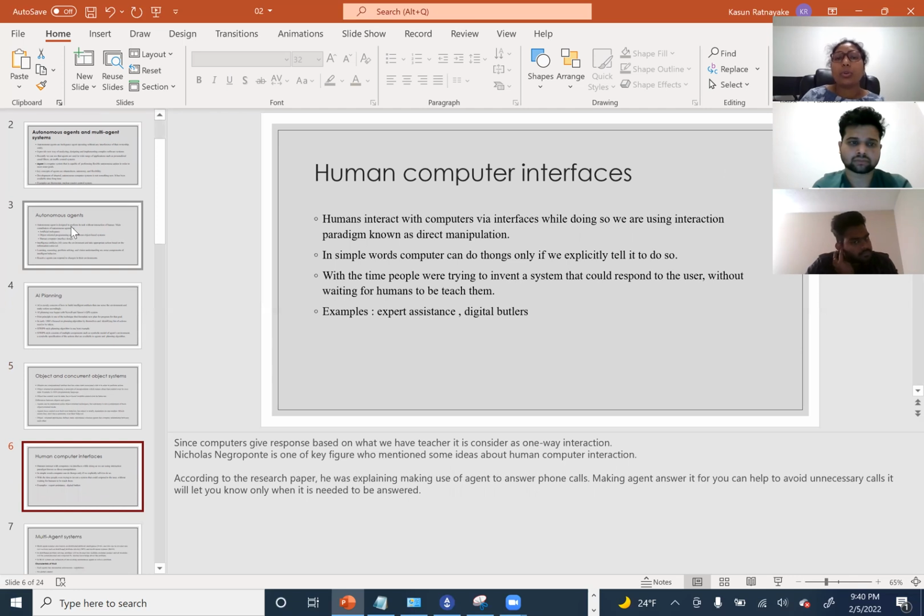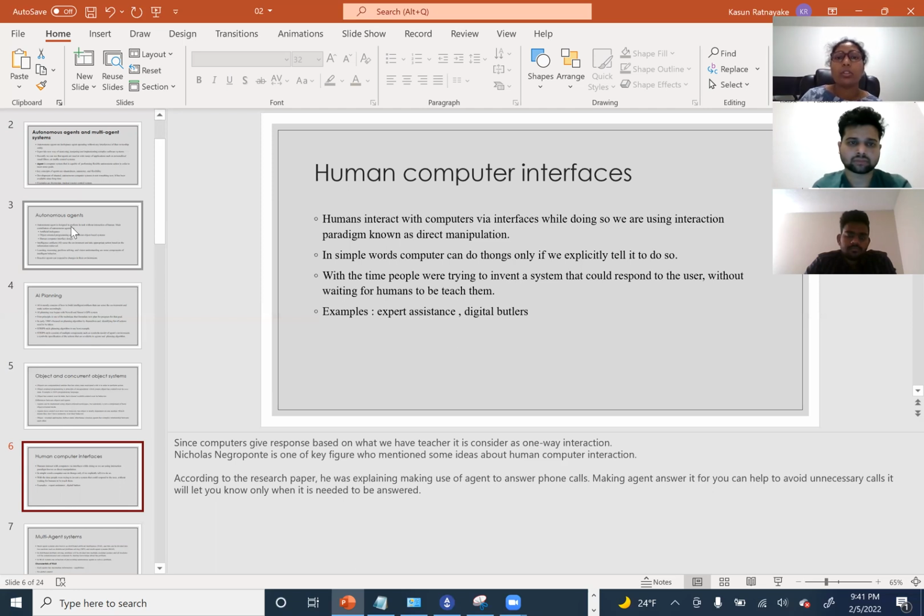When it comes to human-computer interfaces, humans usually interact with computers via different types of interfaces. For example, we can use a keyboard, a monitor, or voice input to give instructions to the computer system.